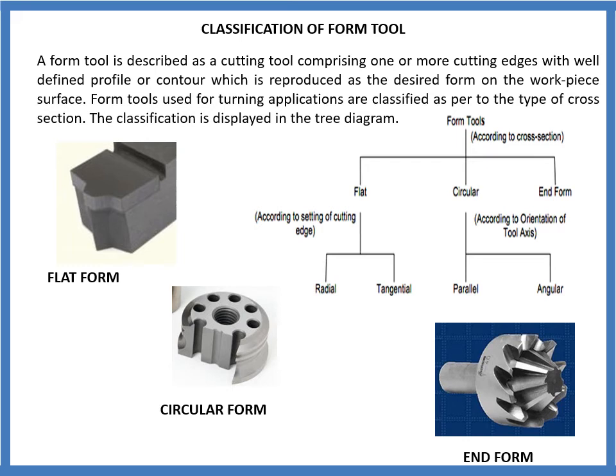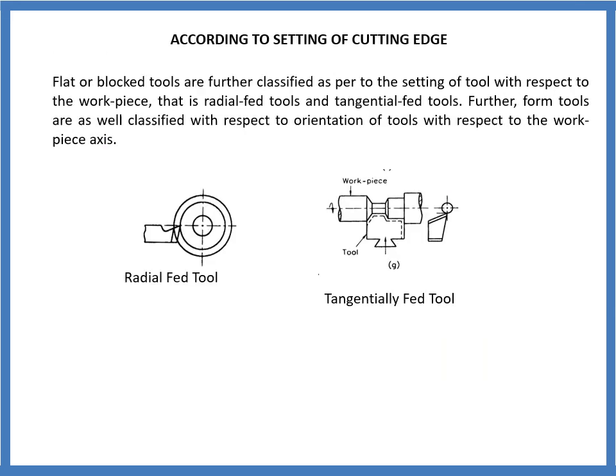And the end form tools are generally used to form a shape at the end of the tubes or bored components. Now, according to the setting of the cutting edge, they are classified as either radial feed or tangential feed, as shown in the figure.